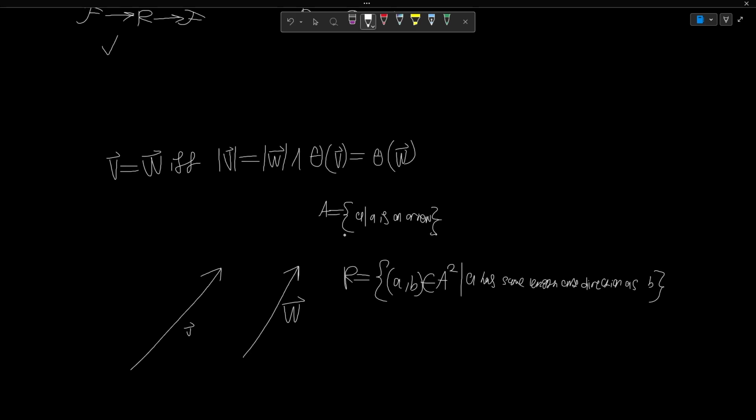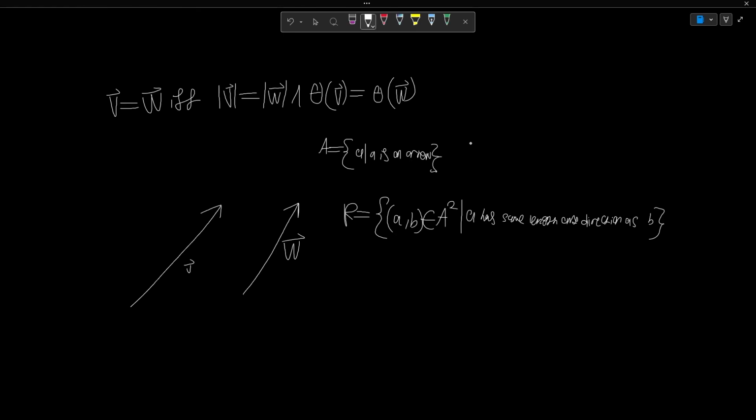So if we define A to be the set of all arrows and R to be the set of all pairs (a, b) such that a has the same length and direction as b, then not only can we think of vectors as just arrows, but we can think of them as equivalence classes of arrows with respect to R here. And in general, you can kind of think of a group of anything as just an equivalence class of something with respect to some equivalence relation, which is pretty cool.